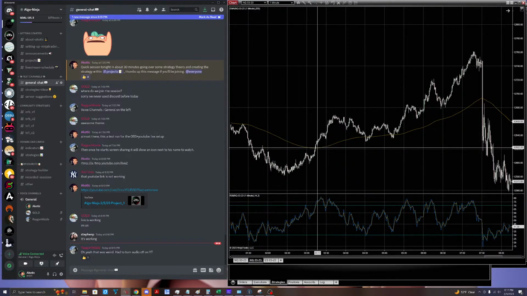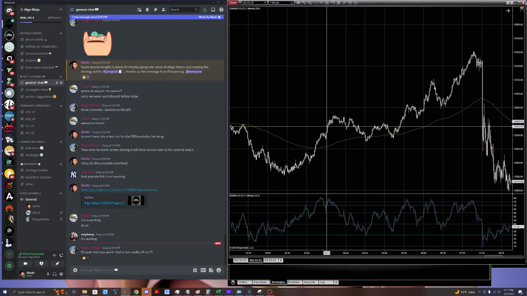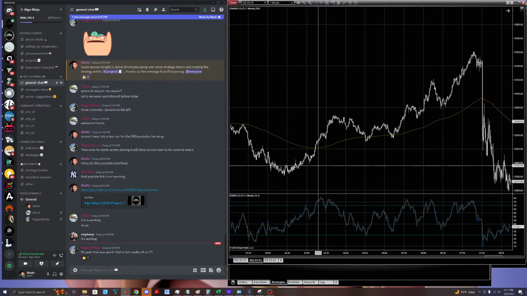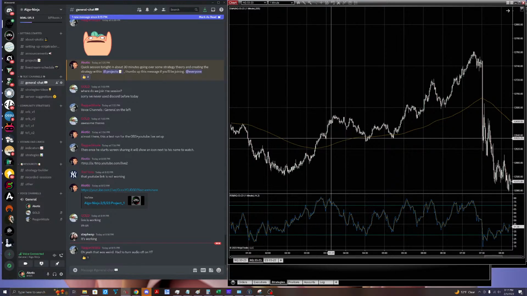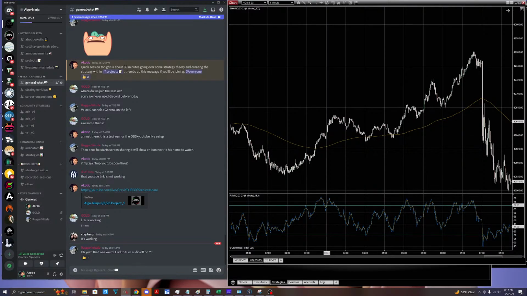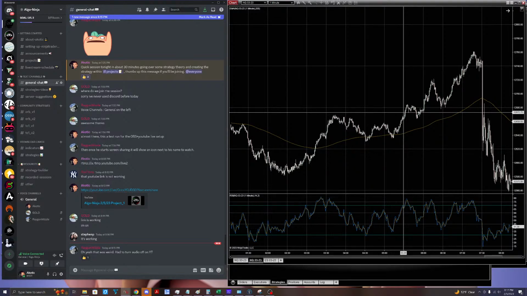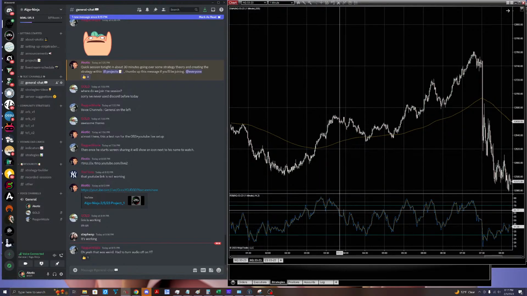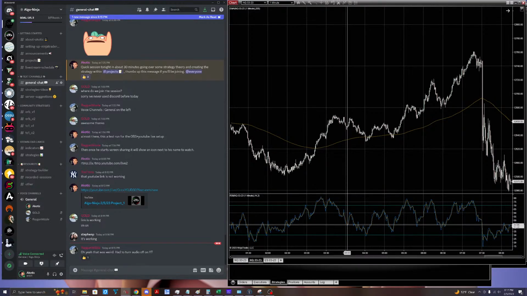So as price is above the 200 EMA, then we're going to be buying whenever the RSI crosses above the 80 line, and just holding that position until the RSI crosses beneath the 50 line.